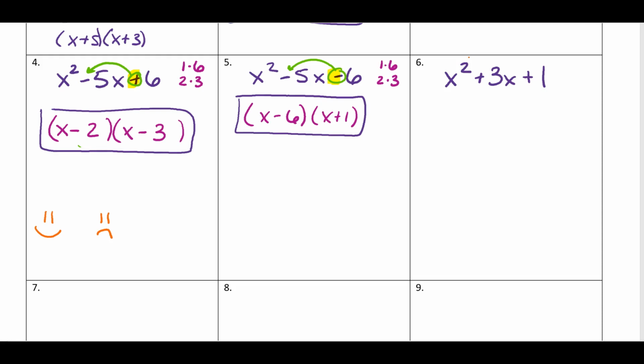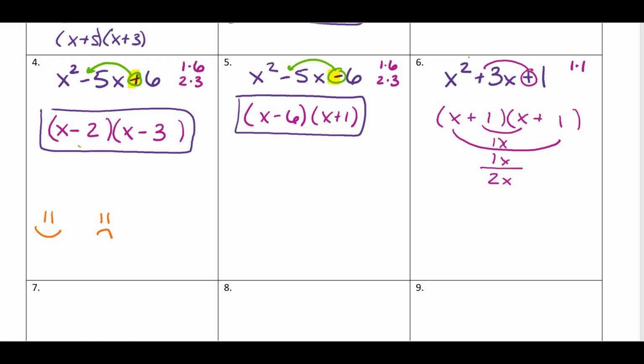All right, as you are working this problem, you probably came up to a little problem. The only factors of 1 are 1 times 1. And no matter how hard we try, our signs are going to be the same. We will never get 1x and 1x to add up to 3x's.